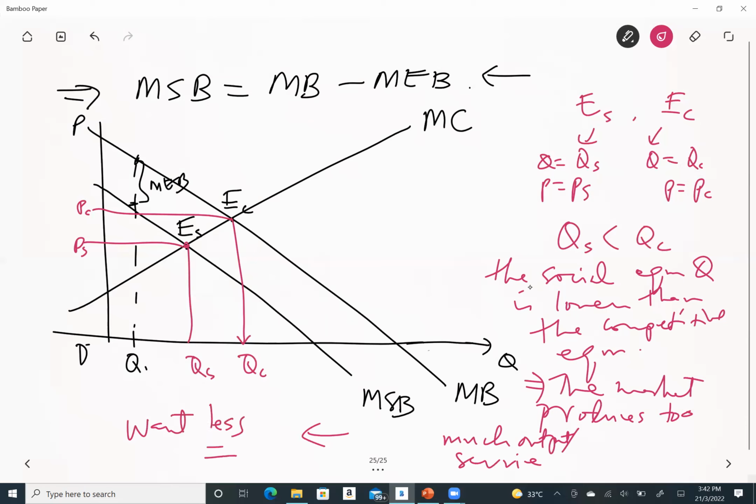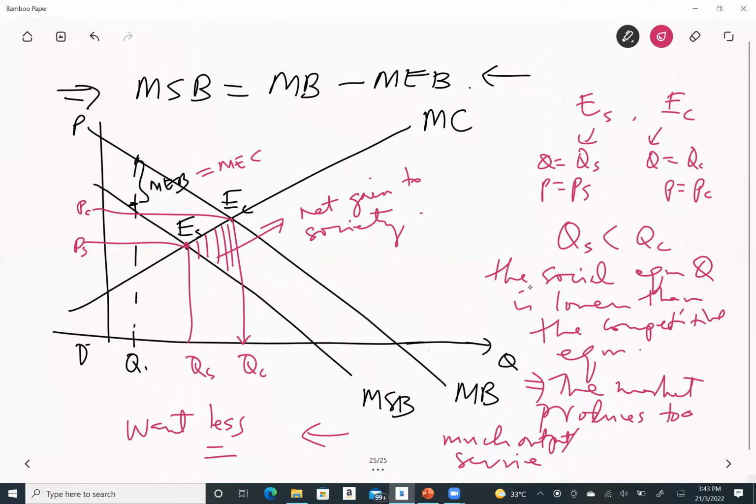Look at this in terms of the external cost. The negative MEB is equal to MEC, so the area is the external cost. This portion here is the net gain to the society.